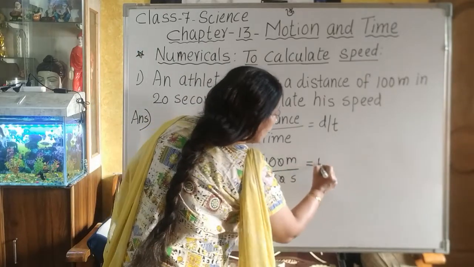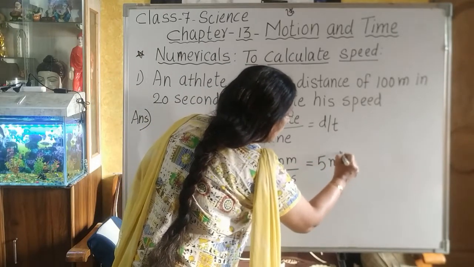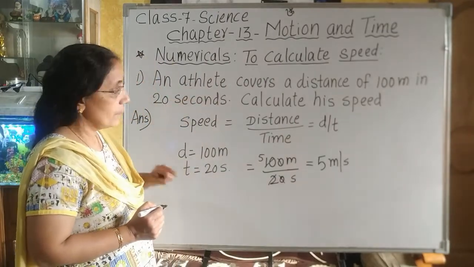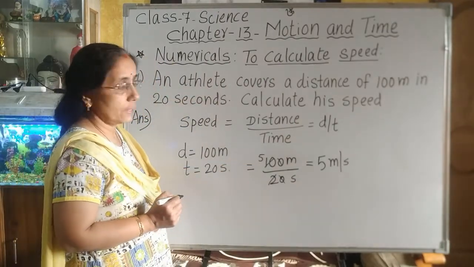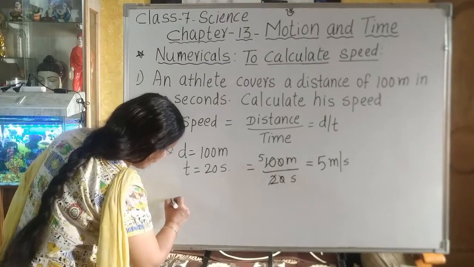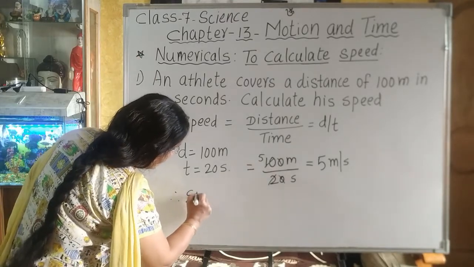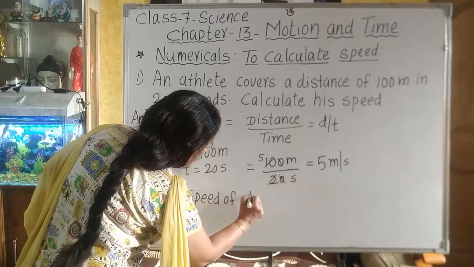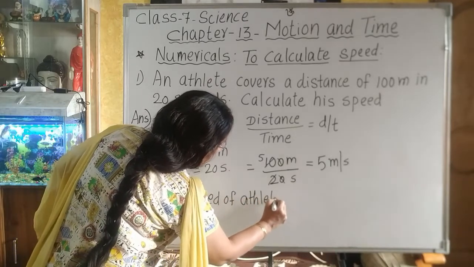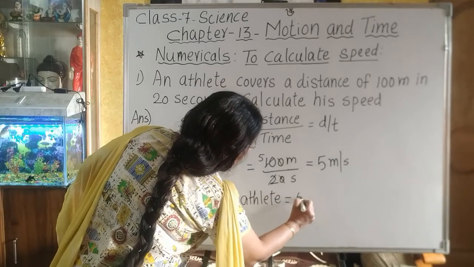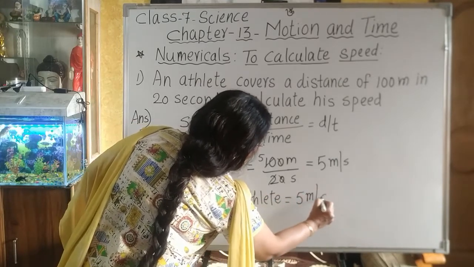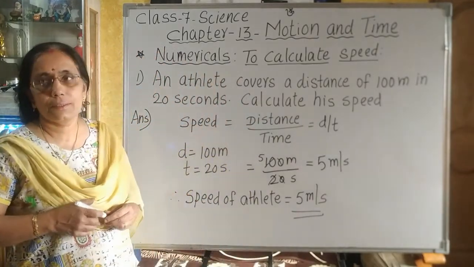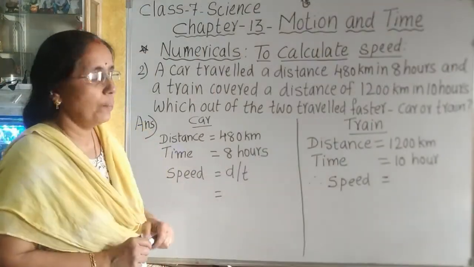So, what is 5? 5 meter per second. So, what is the speed of the athlete? 5 meter per second. That is the answer. Now, let us see another example.